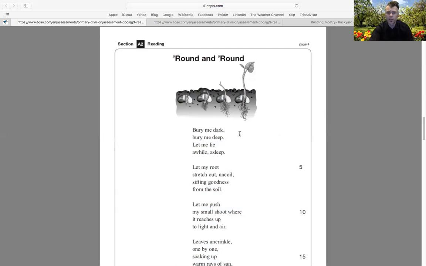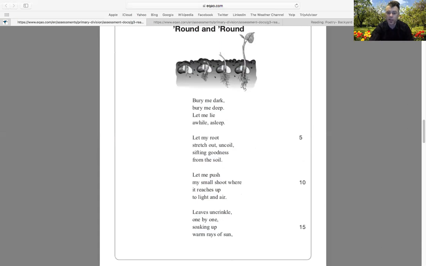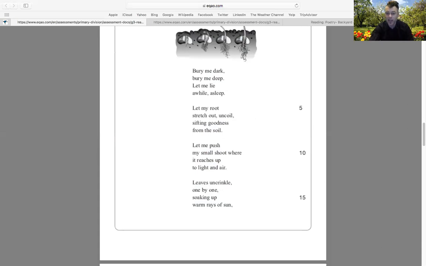Round and round, bury me dark, bury me deep, let me lie a while asleep. Let my root stretch out, uncoil, sifting goodness from the soil. Let me push my small shoot where it reaches up to light and air.